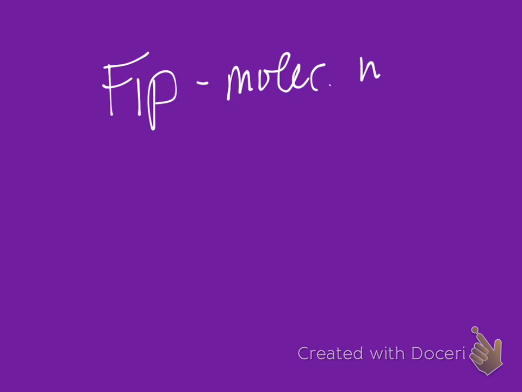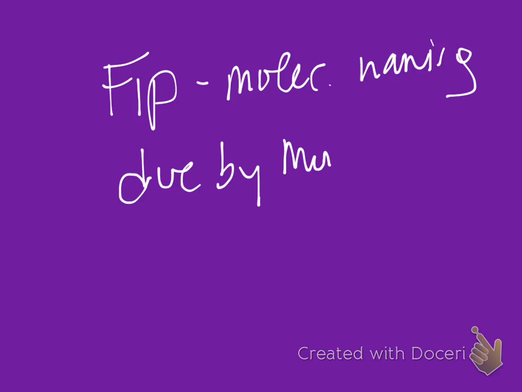Okay, so here's the deal. FIP on molecular naming, due by Monday. Let me give myself a little bit of slack because I know that the rest of the day has gotten a few complications added to it. Let's say it will be up by tomorrow morning. Okay? I don't know that I'll get it up by the end of the school day.